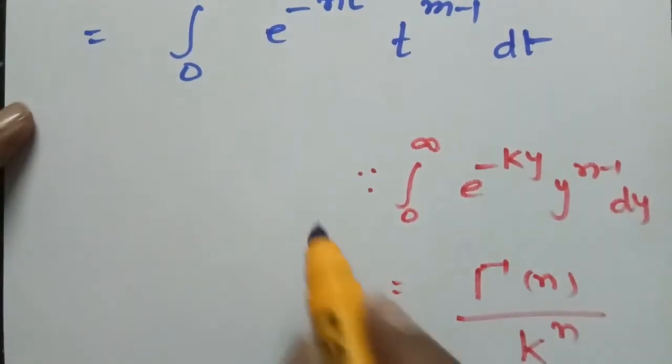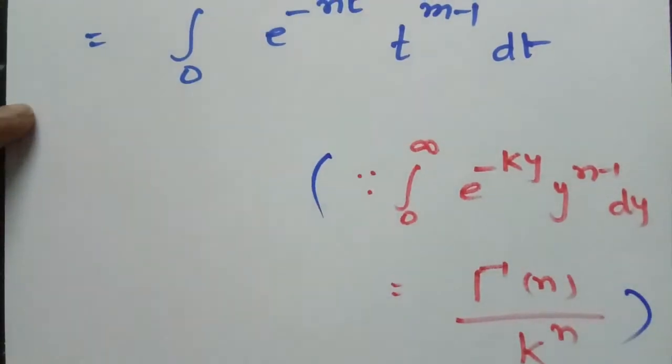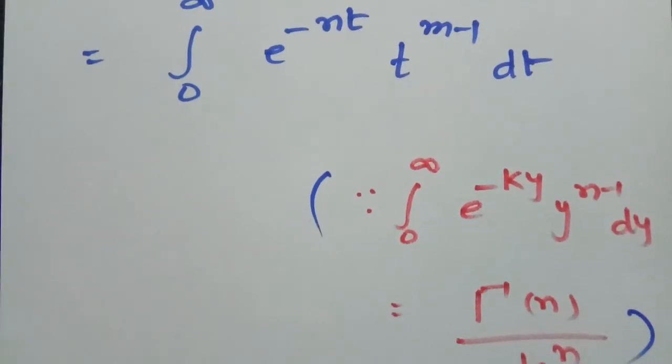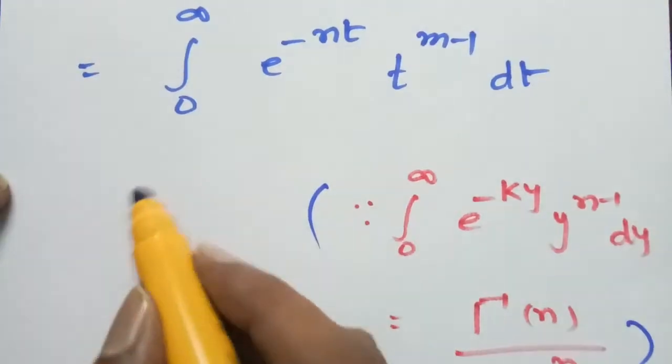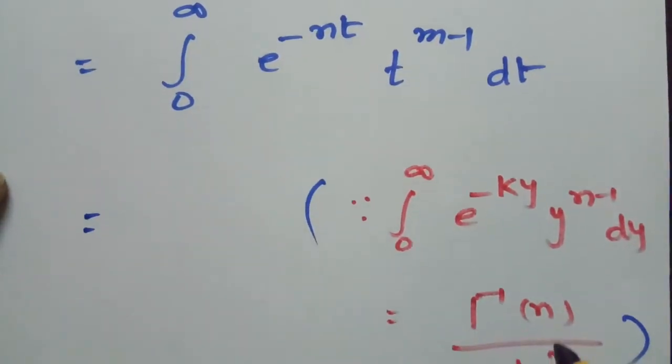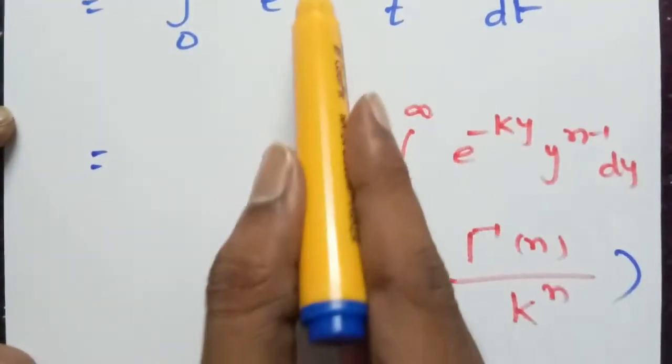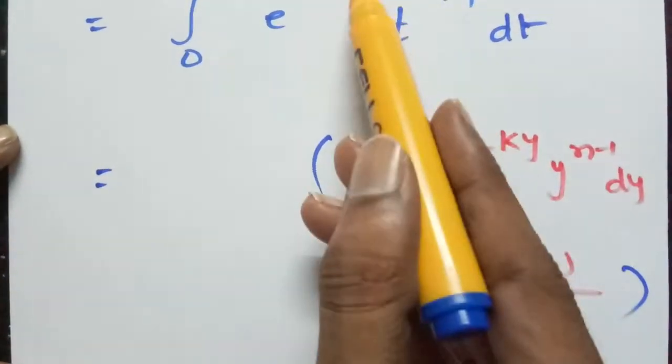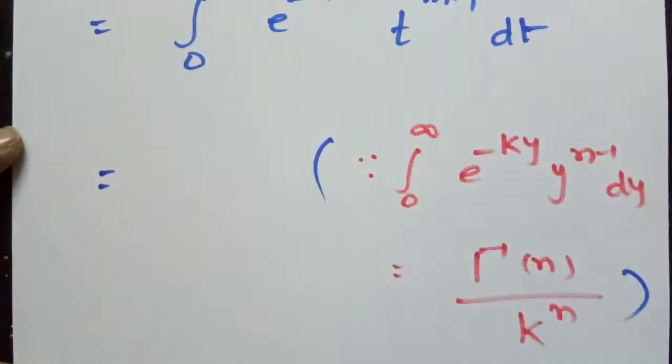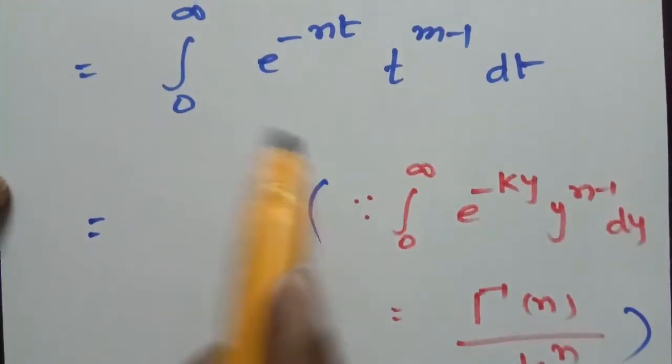This is the formula. Therefore, this is equal to, here, e to the power of minus n t into t to the power of m minus 1.